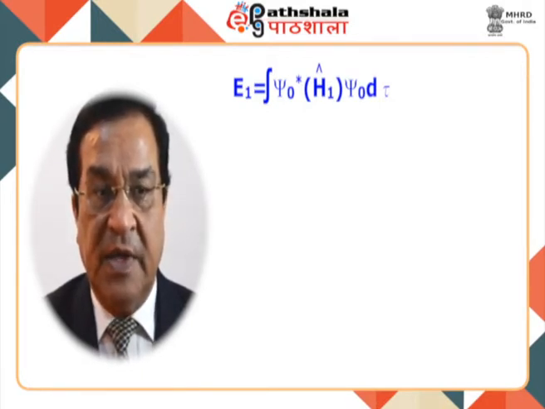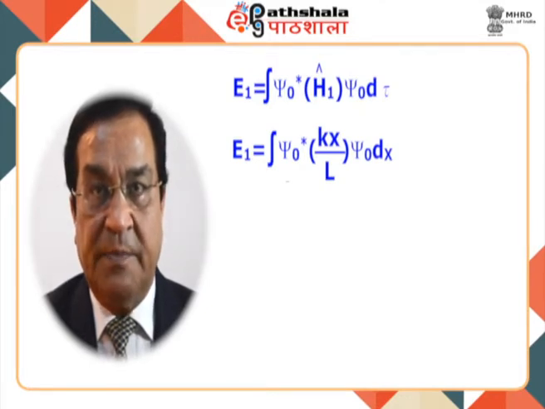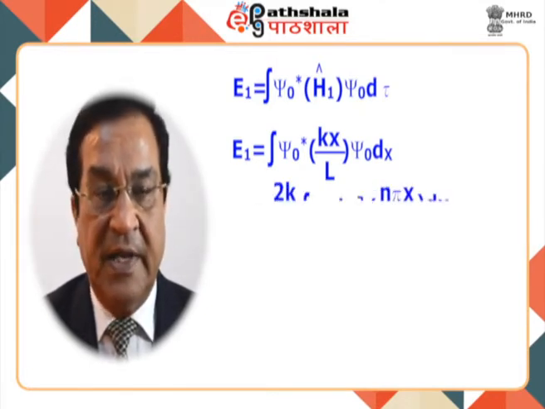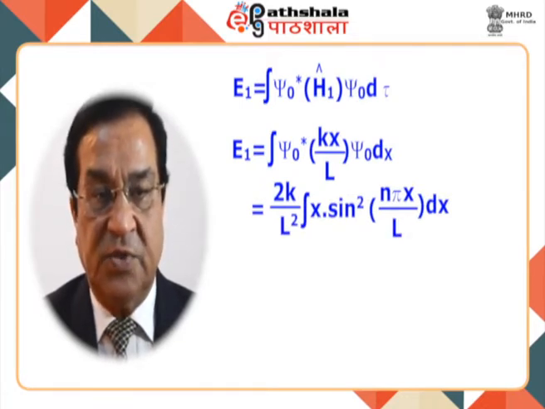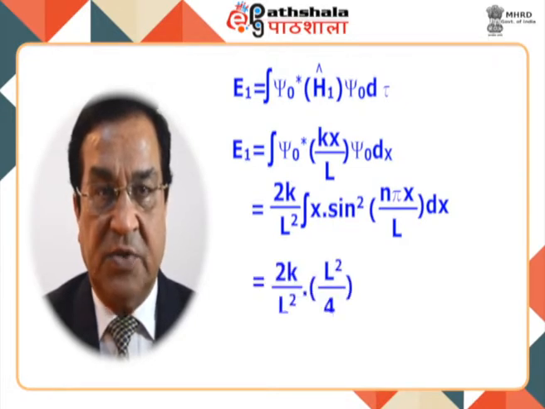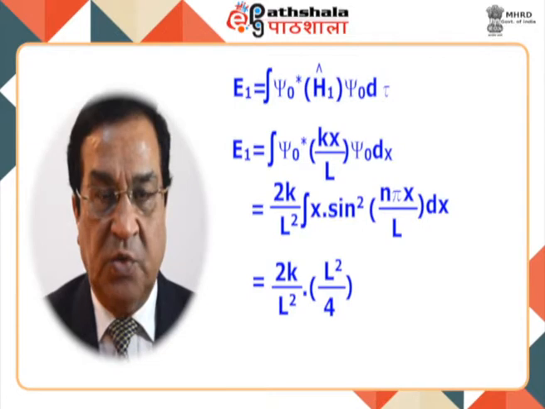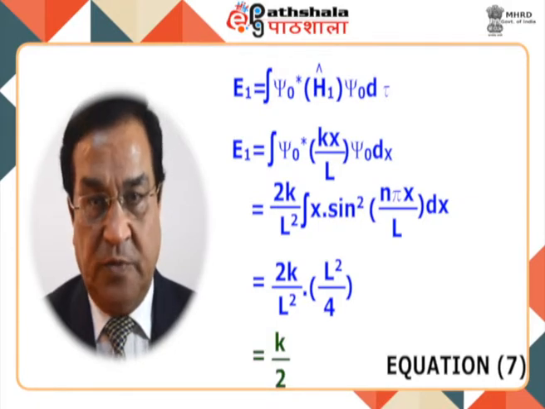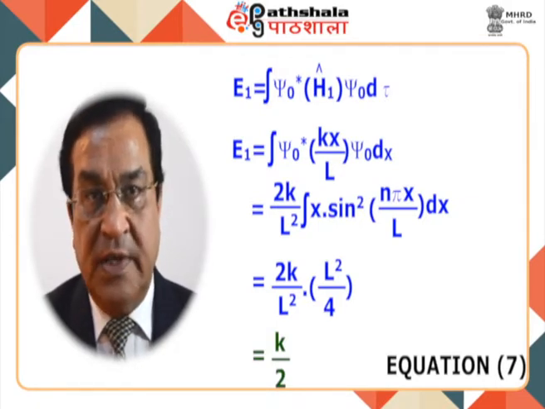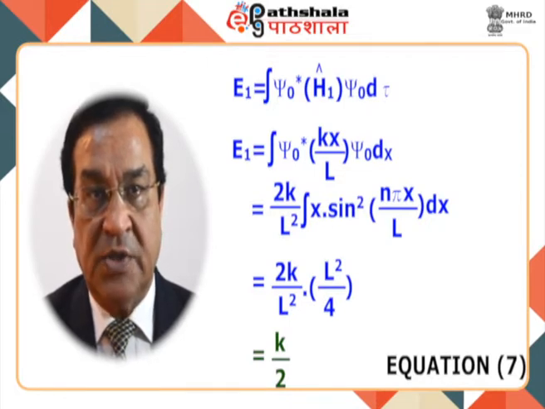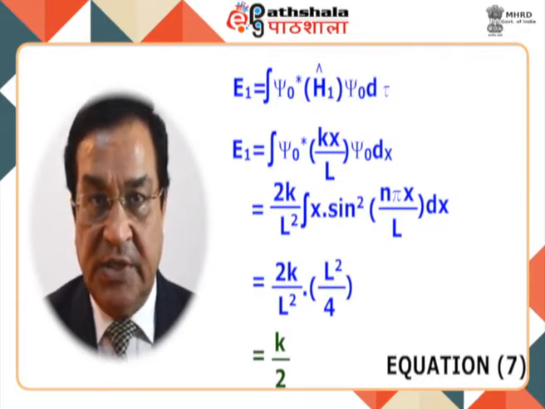Now in this equation, if we put H1 cap equals kx upon L and then put the values of psi 0 star, which is the square root of 2 by L times sine n pi x upon L, because it is psi 0 star and psi 0, it gets squared, and ultimately on the solution of this integral between the limits 0 to L, we get the corresponding answer, which is equal to k by 2. So k by 2 is the corresponding correction to the total energy.